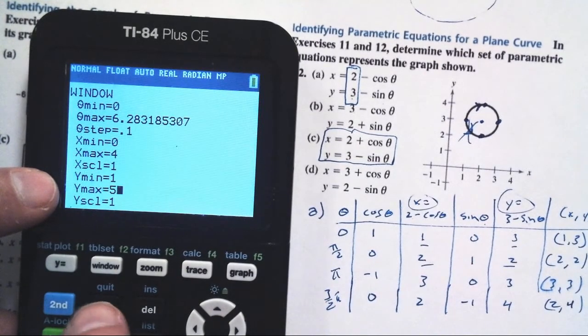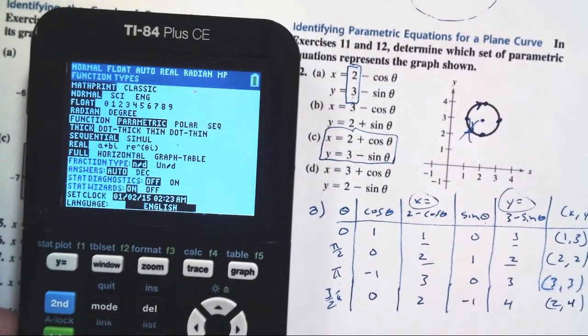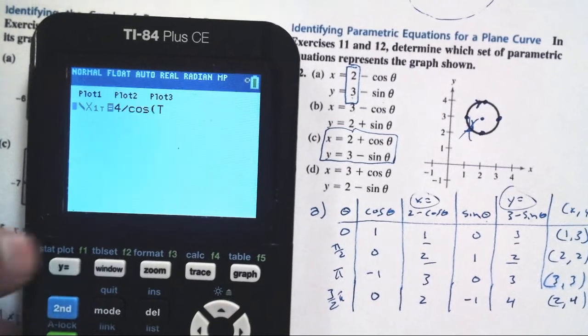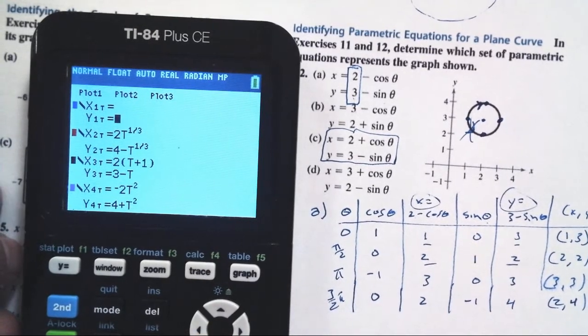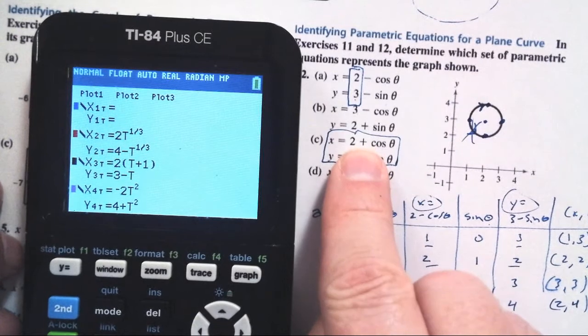And now I'm going to go into mode, and our modes are typically in function. I'm going to set it to parametric. And I'm going to go to y equals, and I probably have some other stuff in there already, but I'm just going to clear this. I'm going to leave my other in there for my convenience. Sorry if it muddies up things, but I'm going to enter c into here.